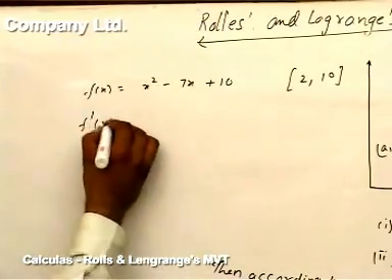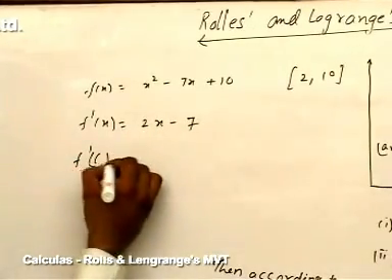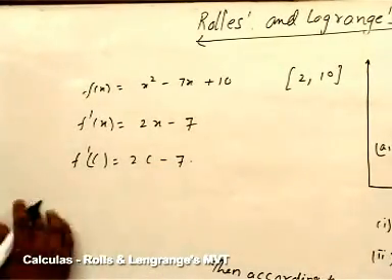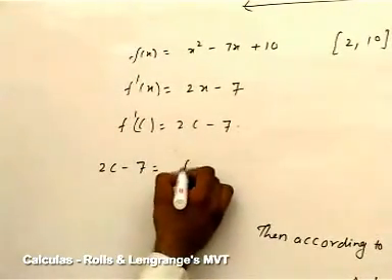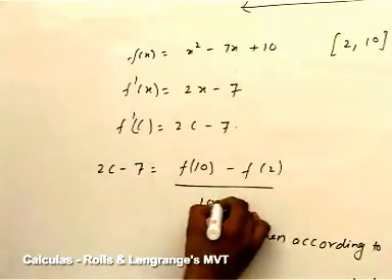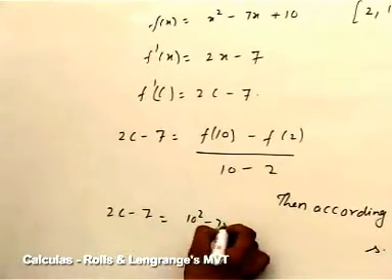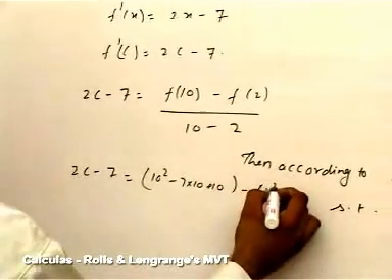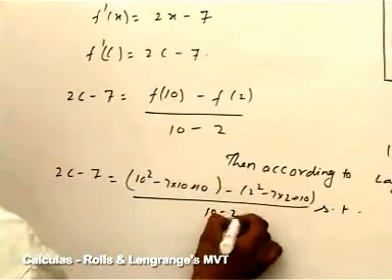First of all, we calculate f dash x, which is 2x minus 7, so f dash c will be equal to 2c minus 7. Now applying the formula, 2c minus 7 is equal to f(10) minus f(2) over 10 minus 2. So 2c minus 7 will be equated to 10 square minus 7 into 10 plus 10 minus 2 square minus 7 into 2 plus 10, over 10 minus 2.